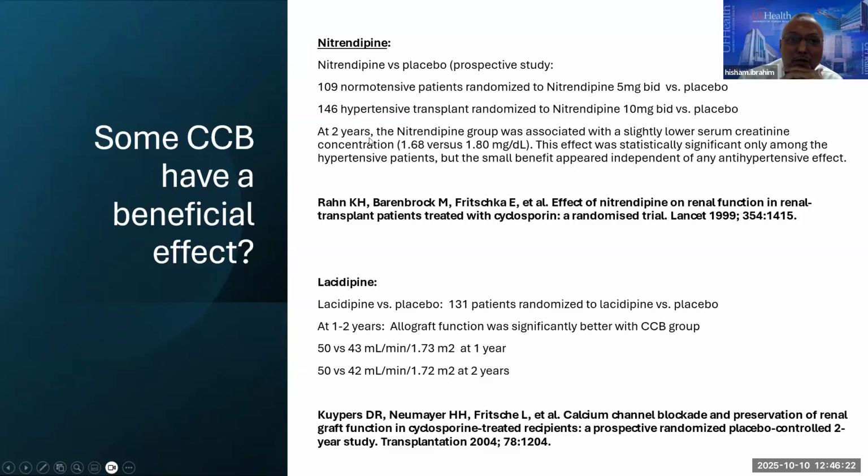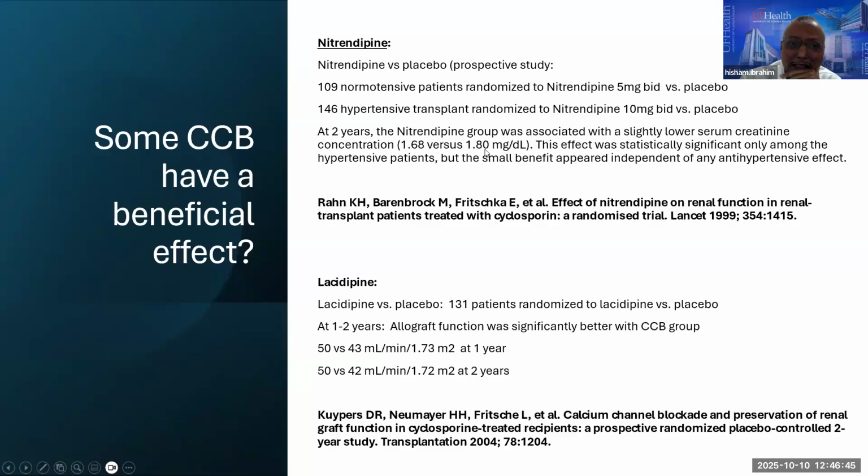At 2 years, there was a slightly lower creatinine, and it was found to be significantly different in the hypertensive group. So 1.68 versus 1.8, at 2 years. So it is a short-term study, and the difference is very small. Not sure how clinically significant 1.7 to 1.8 is.